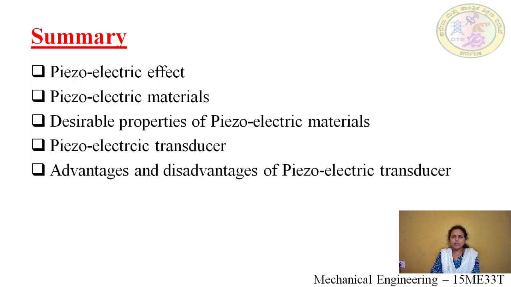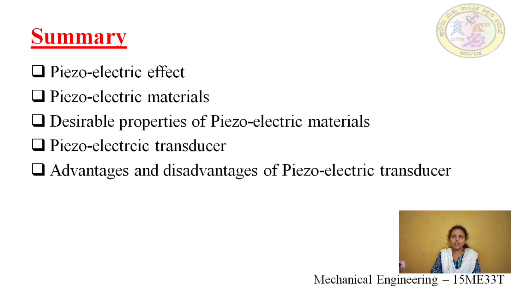Now we saw the disadvantages of the piezoelectric transducer. The first one was that the output is affected by temperature. If there is any change in the temperature, definitely it is going to affect the output.